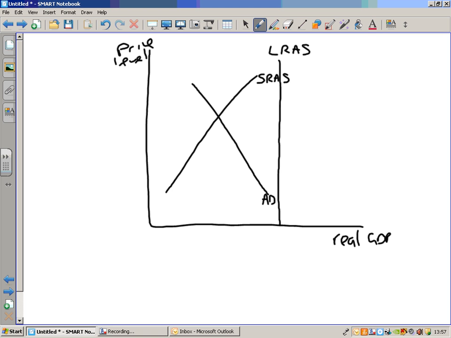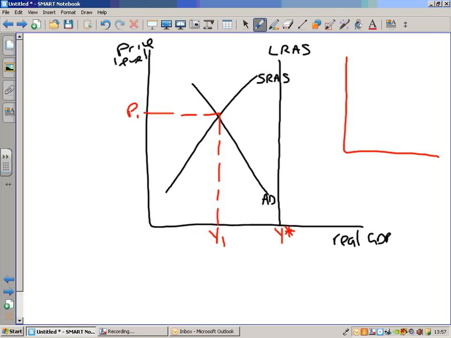I'm also going to draw a short-run aggregate supply curve. So we can see that in our economy, we are operating at P1, Y1. If we were operating at full economic efficiency, we would be working at Y star. So we can see that we have some inefficiency in the economy.